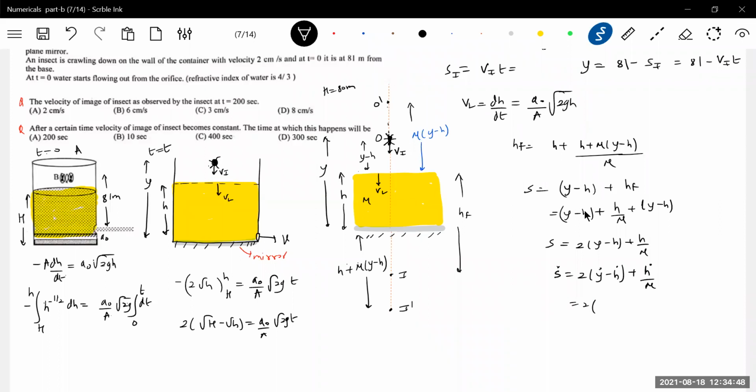What shall I write, y? Increasing or decreasing? The level decreases, so it should be negative, no? The velocity of the image only should be taken. Velocity of image is given, no? 2 centimeter per second.